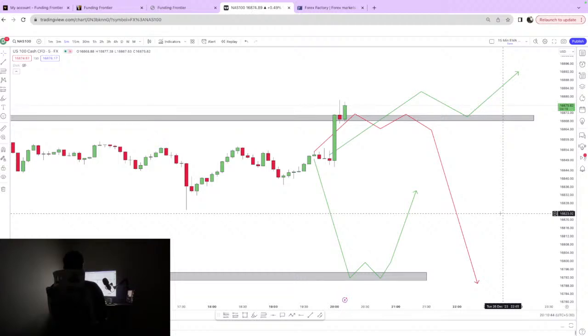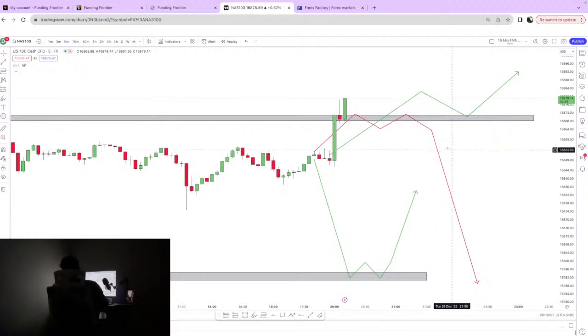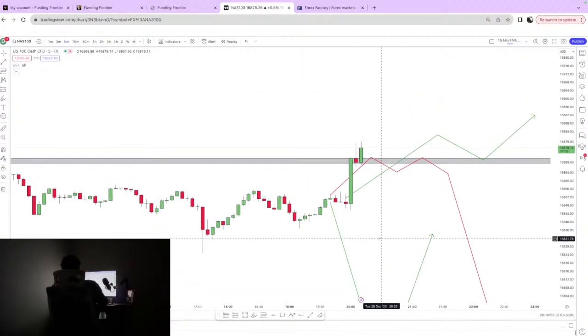Yes, hope so. Although it was a good entry after this candle only, but still it's okay because it was a similar setup which I regularly trade.